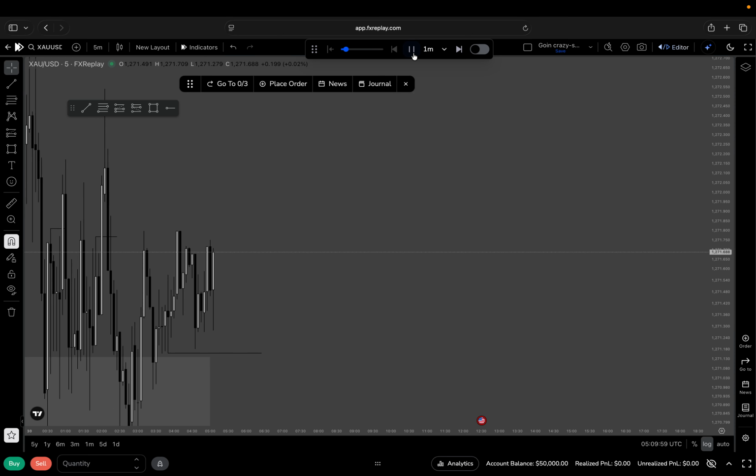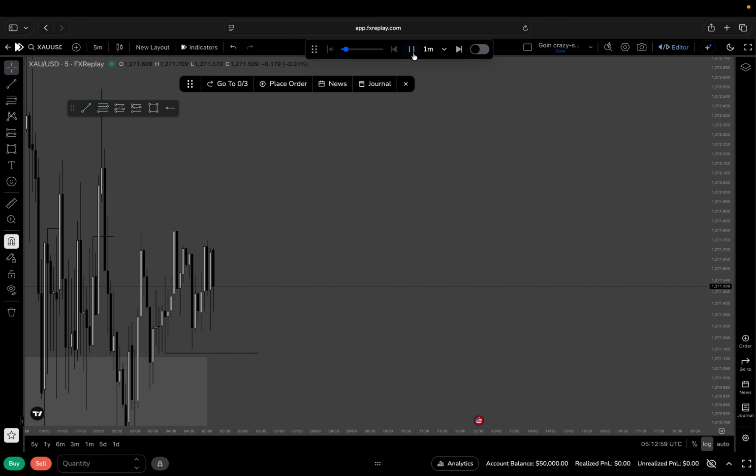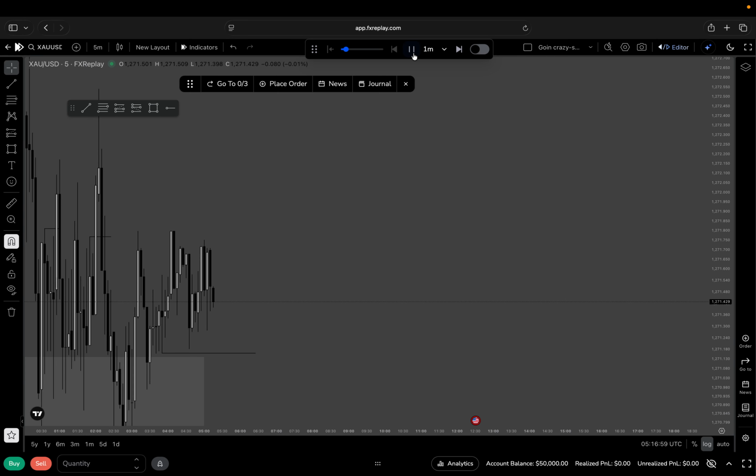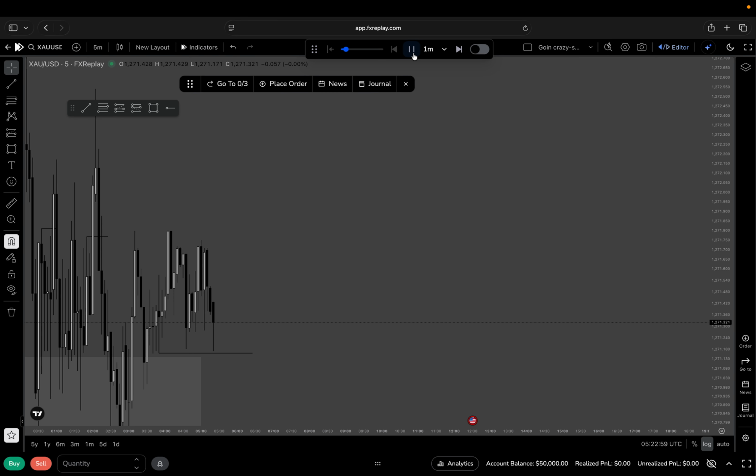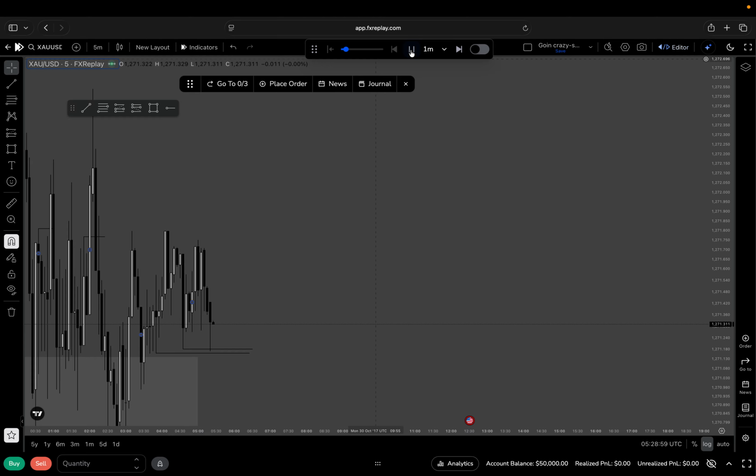Equal lows. Okay, get a sweep of these lows. We now need an aggressive push up. That's what we need. Clean break.